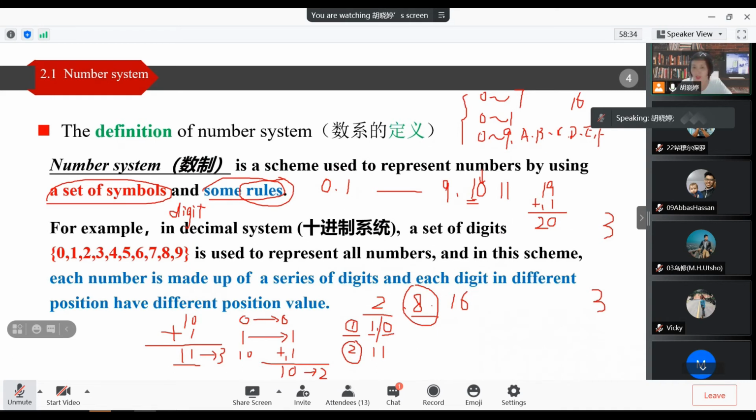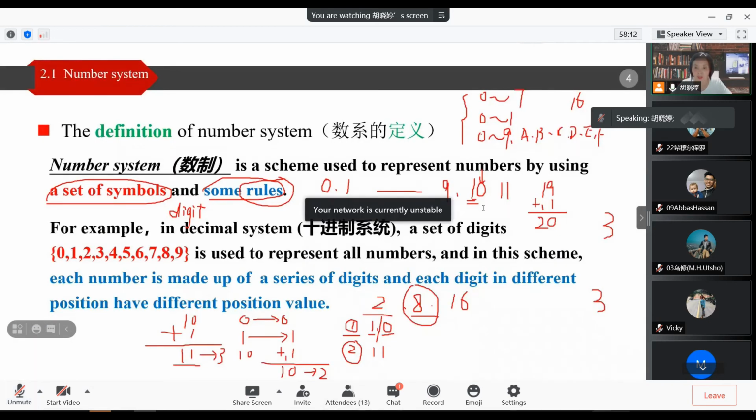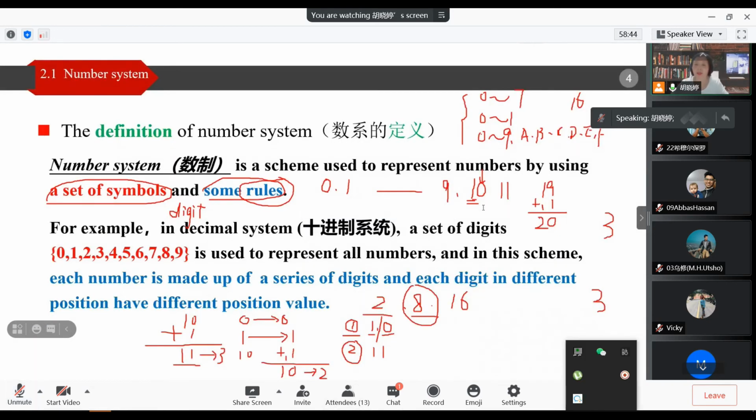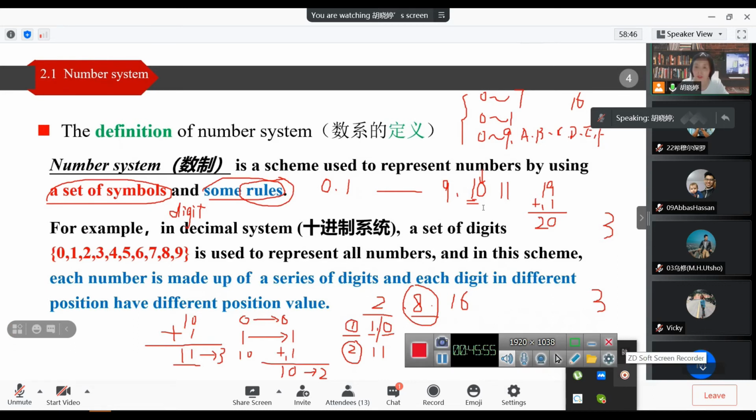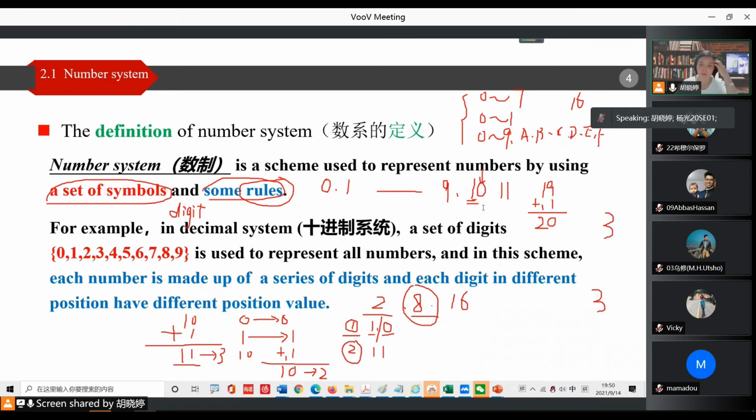Can you send the message here? So how to represent 3 using the octal system? It's 0 1 1.